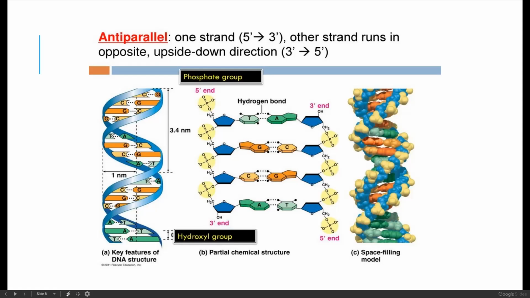The 5' end of one strand is actually paired with the 3' end of the other strand. So it can be twisted. That is why it is actually twisted, because they are anti-parallel. They are not actually parallel.